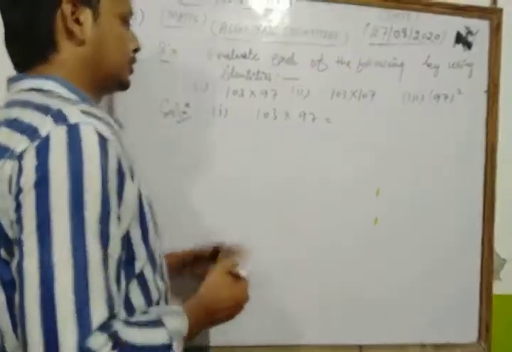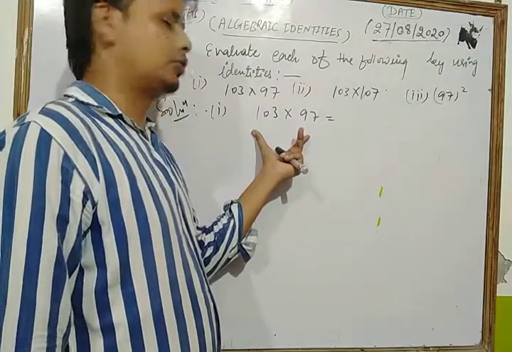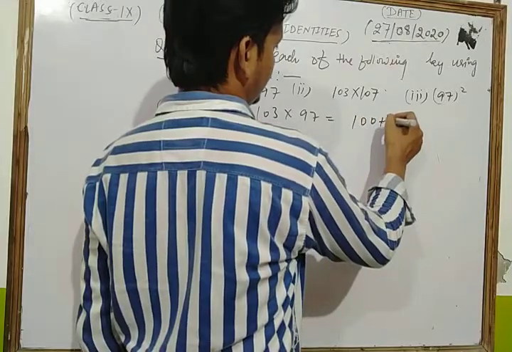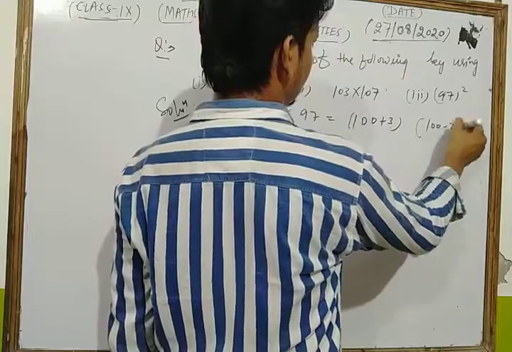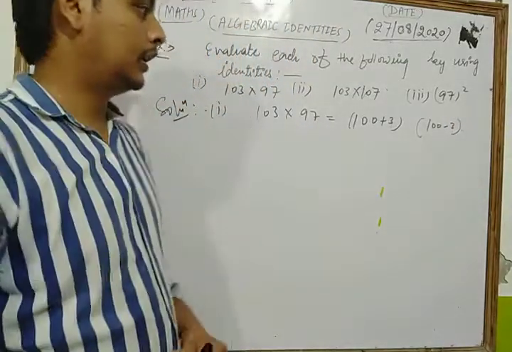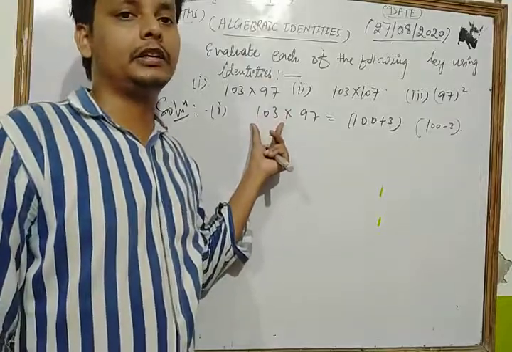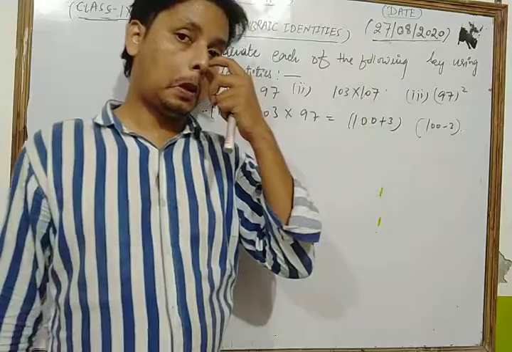This question we can write in this way also: we write 103 as 100 plus 3 and 97 as 100 minus 3.